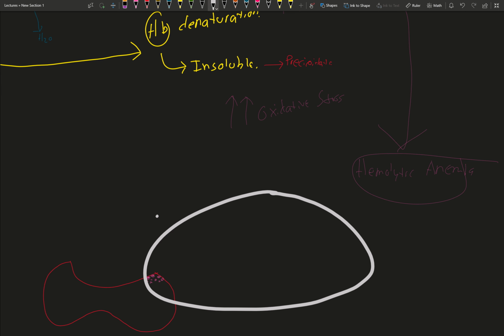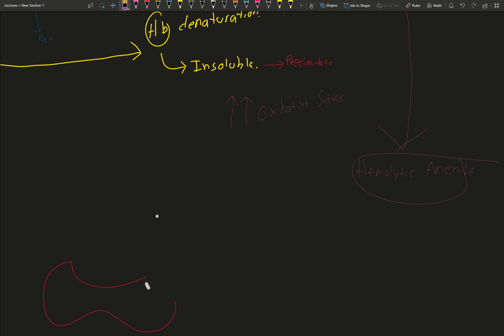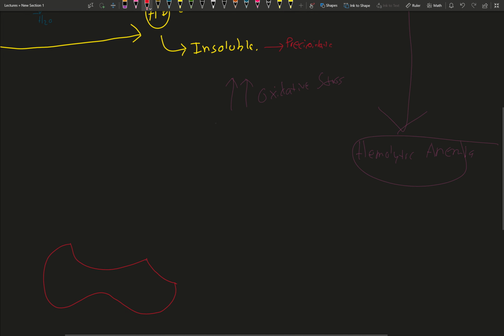So macrophages will come in and they'll see the Heinz bodies and they'll just take a bite out of the cell, and they'll only devour those Heinz bodies, meaning that our new cell has a giant bite taken out of it. So this is our new cell. And these cells are conveniently named bite cells, or the scientific name, the degmacyte.